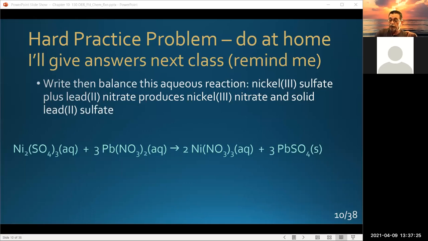But here, one of the products was insoluble, and therefore we have a positive reaction. And it's pretty cool the way it works in real life. If you had a test tube with both of these reactants, nickel sulfate and lead nitrate, both clear solutions, and I put them together, I get a powder that precipitates very quickly. That is because the lead sulfate shows insolubility in water.